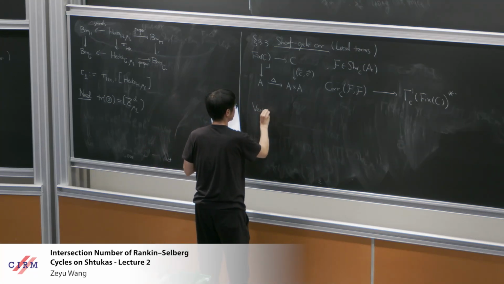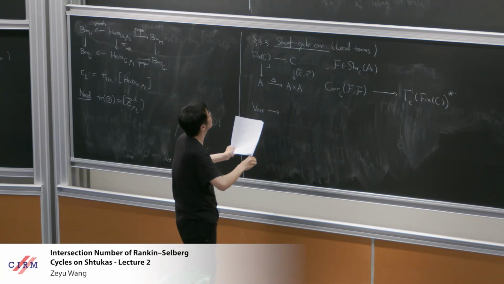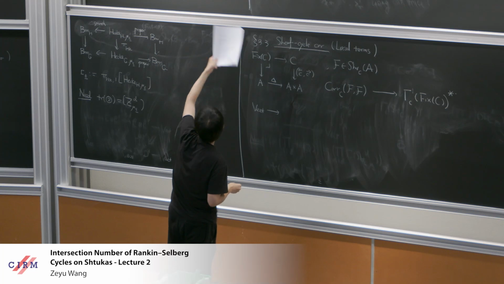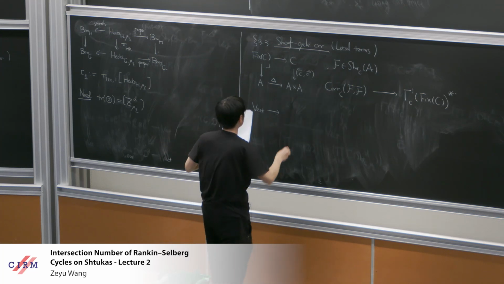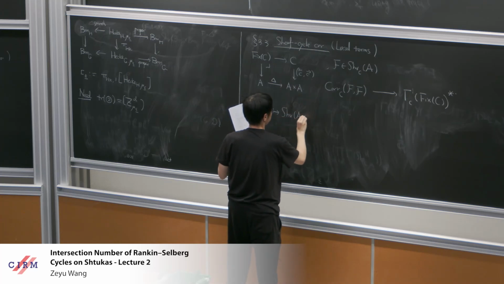I am not giving you the most standard way of making this construction, but I will present it in a way that is quite close to some categorical trace. So you consider this diagram.